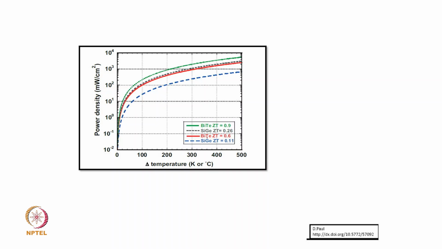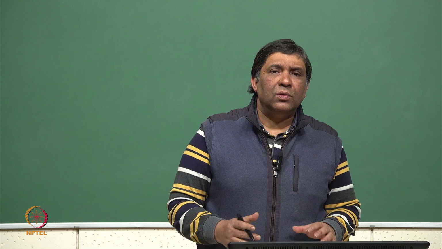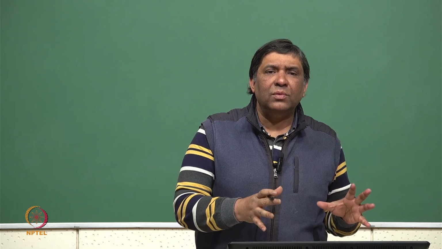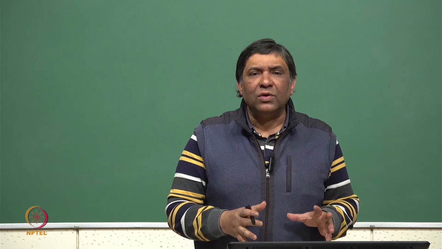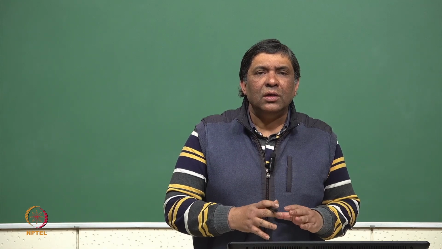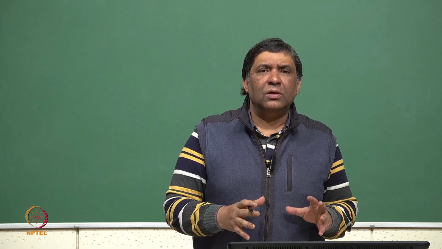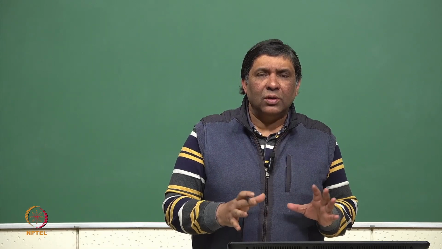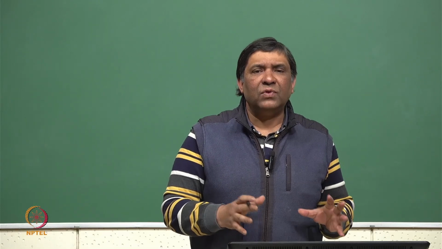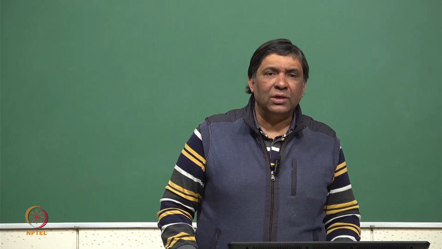And the red one is again bismuth telluride with ZT 0.6, and the black dotted one is silicon germanide with ZT 0.26. So, all these quantities which we have discussed in the previous equation affect in a combined manner and give the output power of a thermoelectric generator.